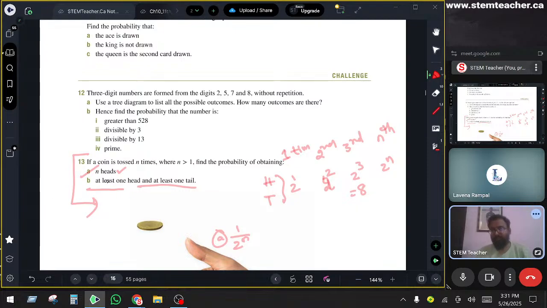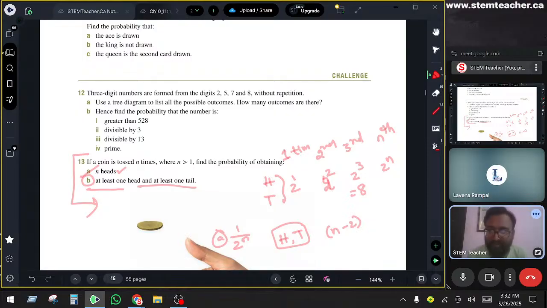And at least one head and at least one tail. So one tail and one head is fixed, we need this, and the other n minus 2 could be anything. So you have to think about it. How can we think of at least one head and at least one tail?